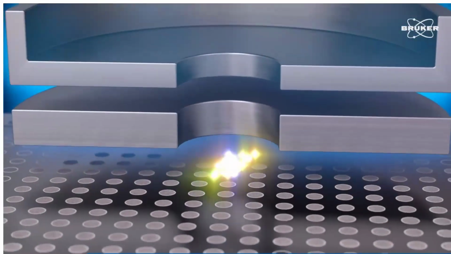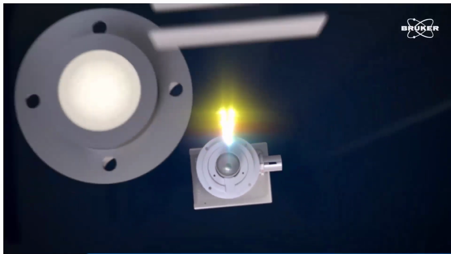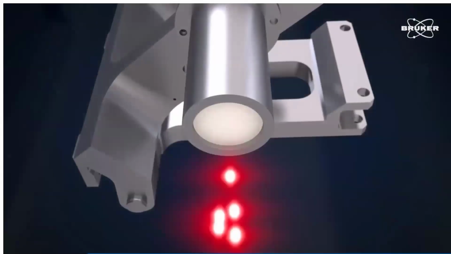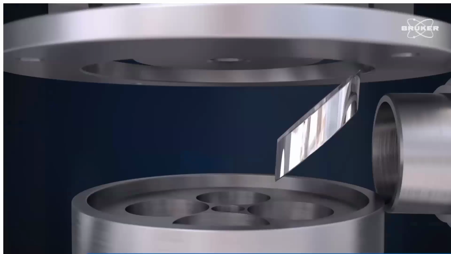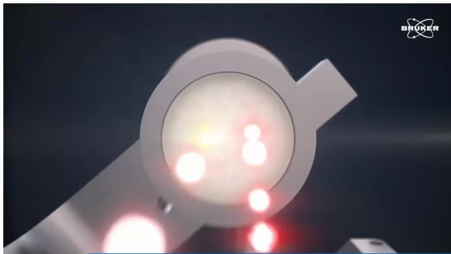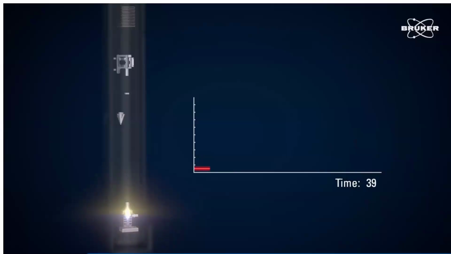This is the acceleration chamber. Now ions are moving, and this is called the reflectron. Then ions will be separated. Different ions are moving.